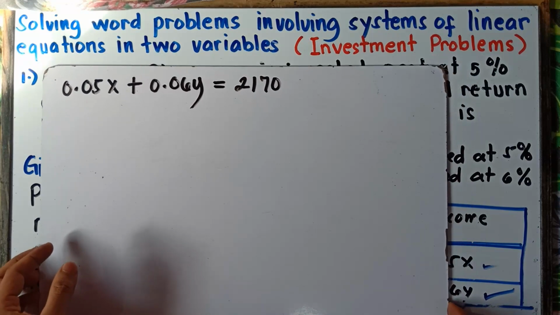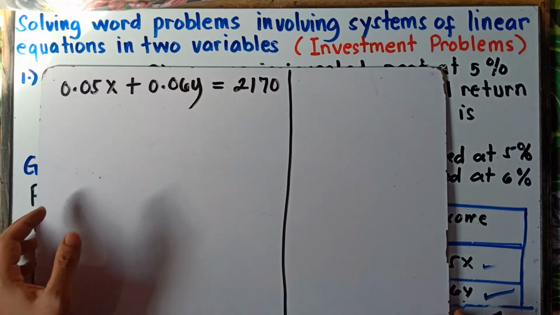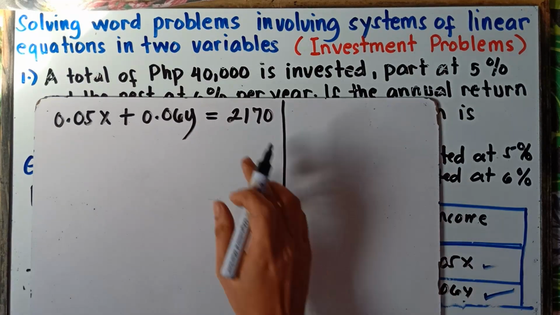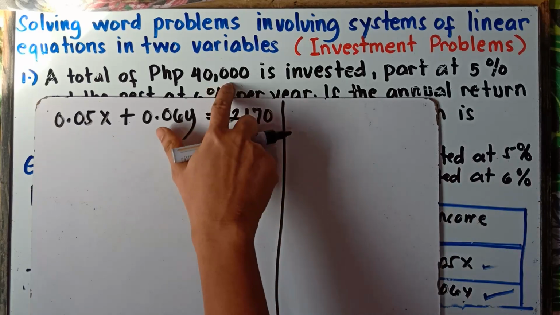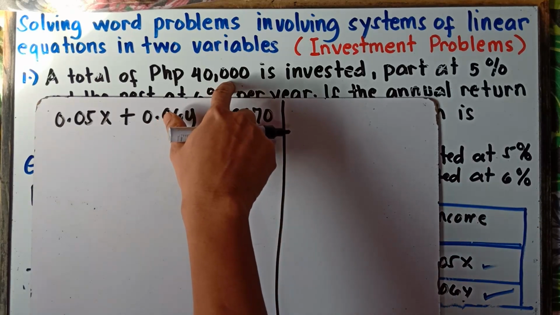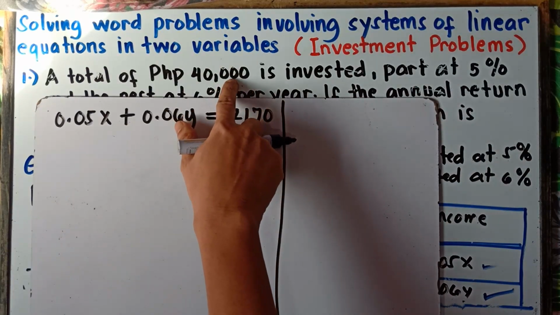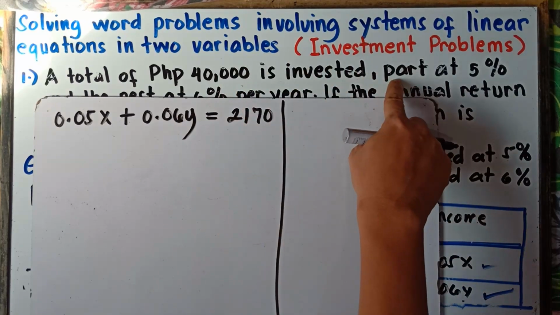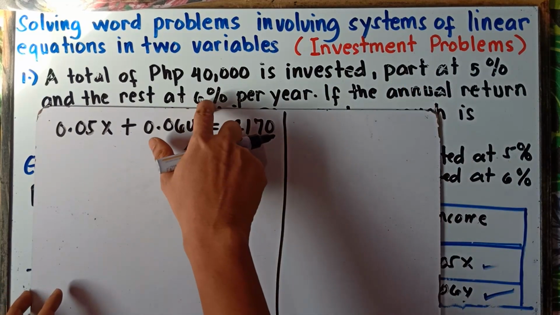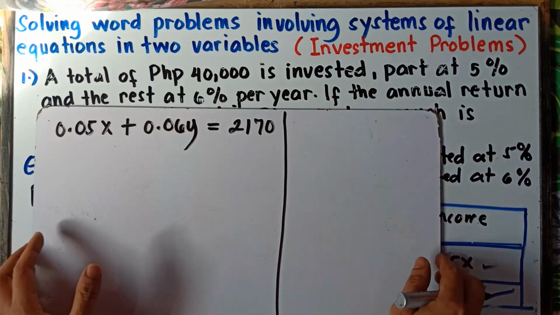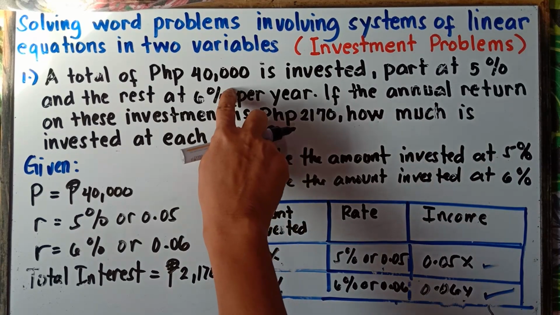Alright, now we also have another equation, class, because it says right there that the total amount of money, the fixed starting amount, would be 40,000, right? This 40,000 is divided: part of it is invested at 5%, part is invested at 6%. But we know, class, if we add the amounts x and y, the total is 40,000.